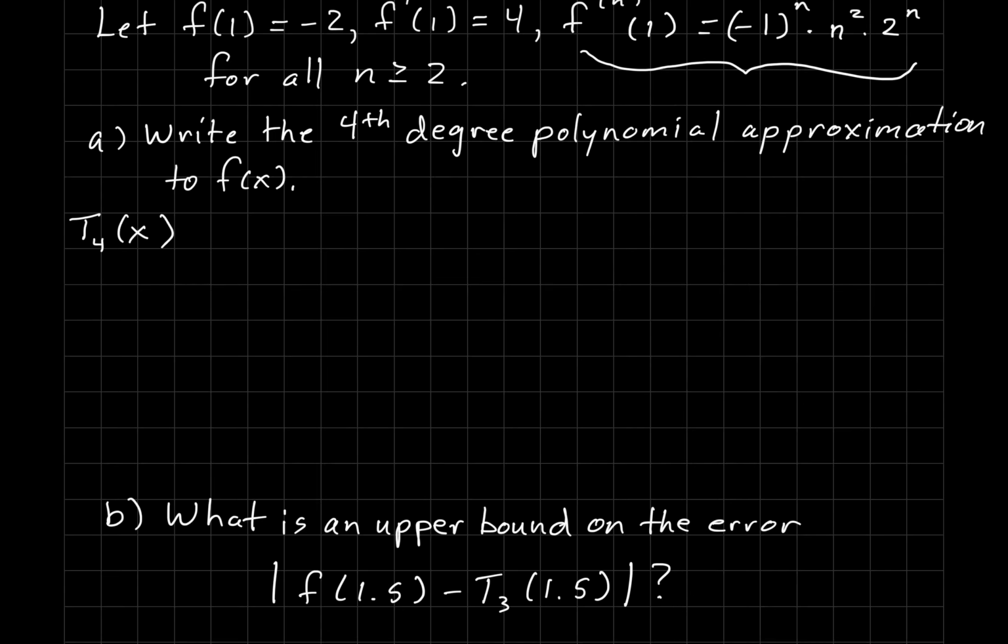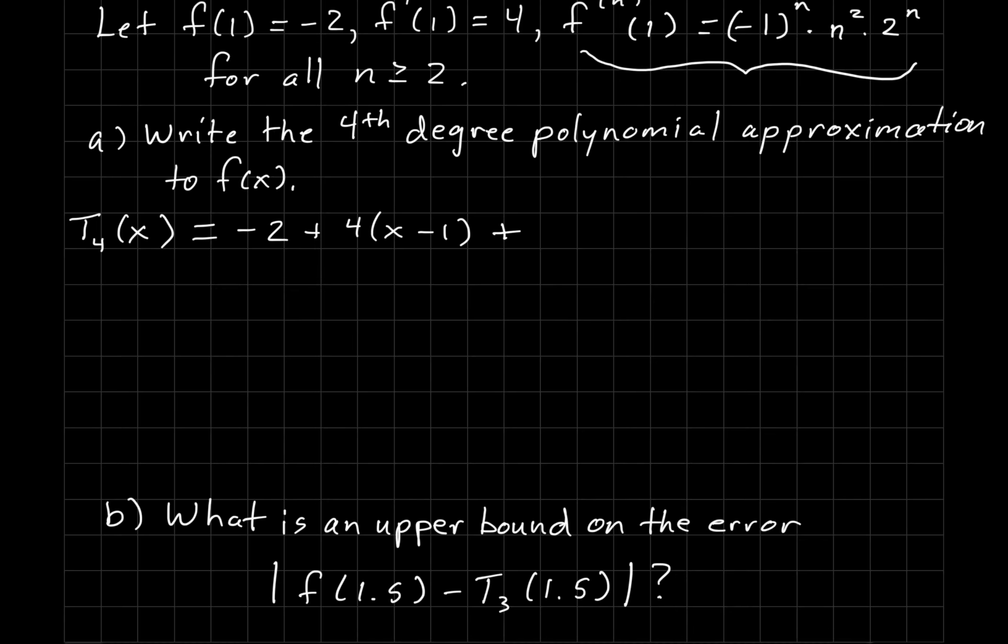Recall that t sub 4 is one of the main notations indicating a polynomial approximation, the 4 being the fourth degree. So t sub 4 of x is f of 1, -2, plus f prime of 1 times x minus 1. And then, let's see, f double prime, so when n equals 2, we have -1 squared, which is positive.